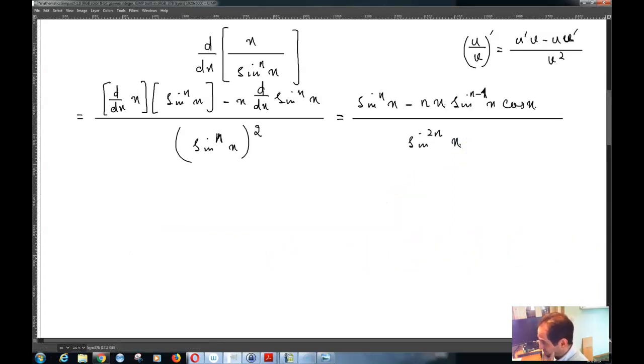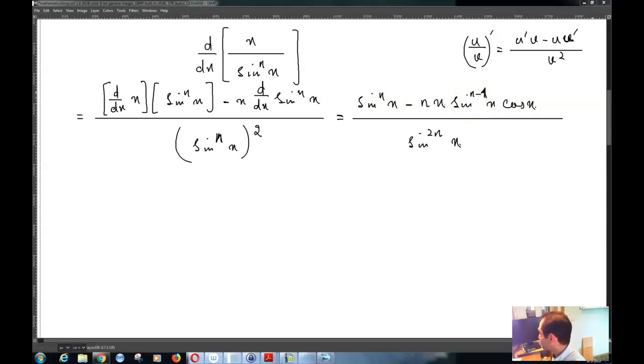Now here you have sine raised to the power n of x. Here you have sine raised to the power n minus 1 of x. So I think you can take that out.